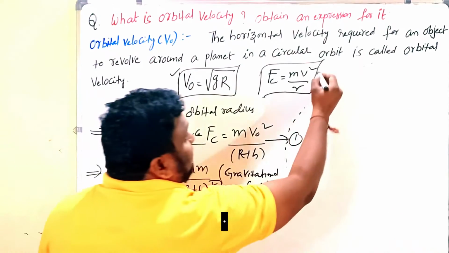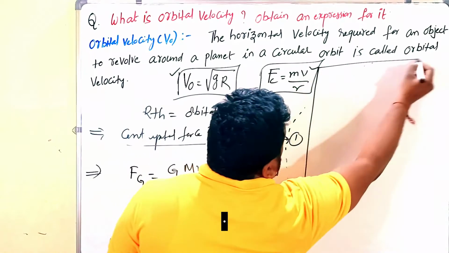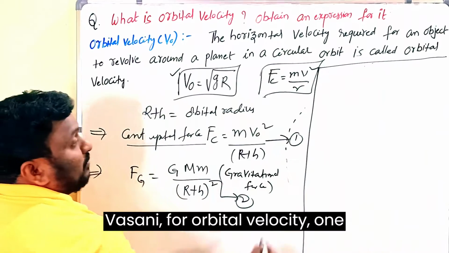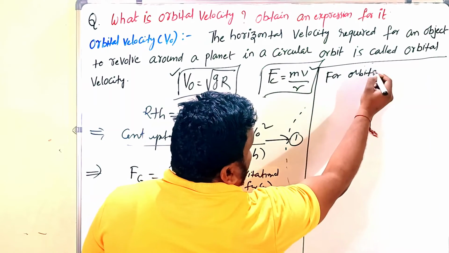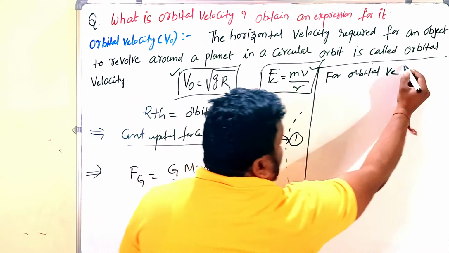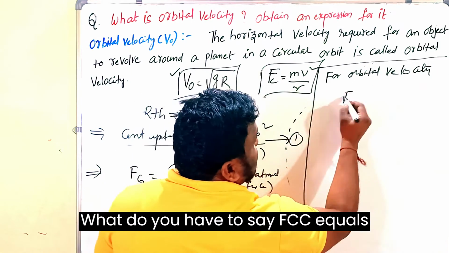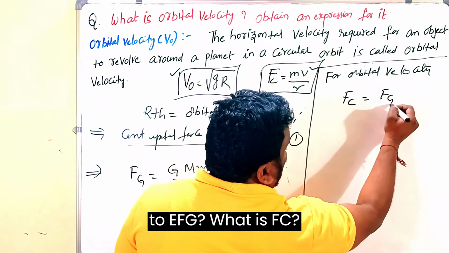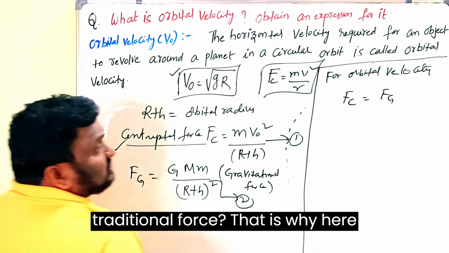Equation number 1 and 2 are both equal. So for orbital velocity, the condition is Fc equals Fg. Fc is the centripetal force and Fg is the gravitational force.